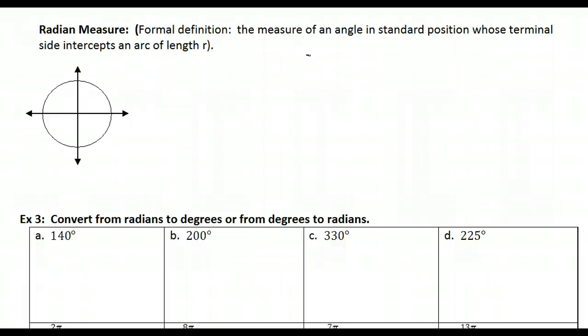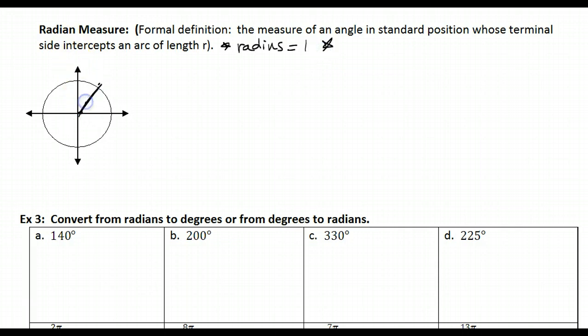So radian measurement, the formal definition of it is the measure of an angle in standard position whose terminal side, so the ending side, intercepts an arc of length r. But here's my informal definition. We're going to take something called the unit circle. A unit circle has a radius that is equal to 1.